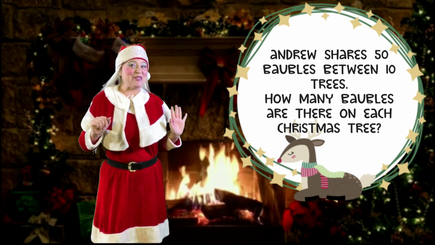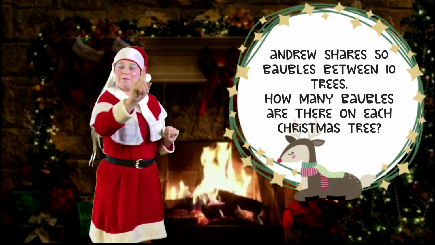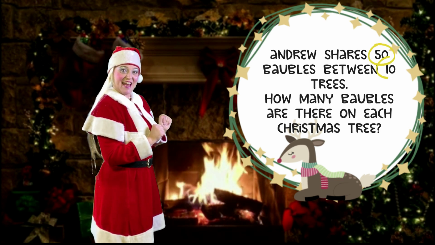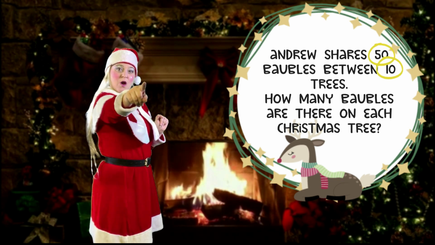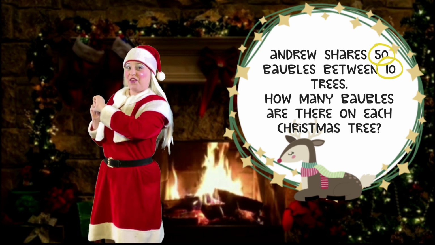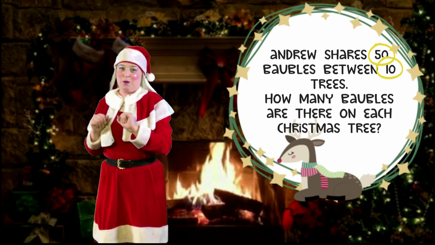How many baubles are there on each Christmas tree? We see that our numbers are 50 and 10. On your whiteboard, write the sum that you think we will need to work out this problem.